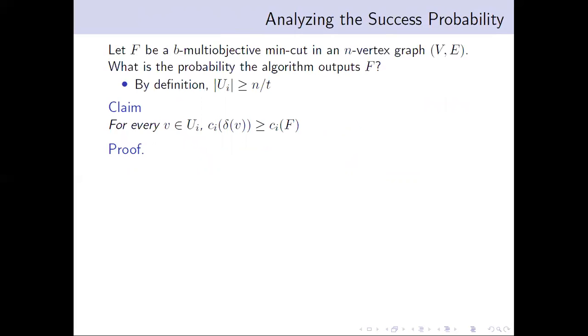We also claim that for any vertex in UI, the cost of the cut that it induces under the ith cost function is at least the CI cost of f.